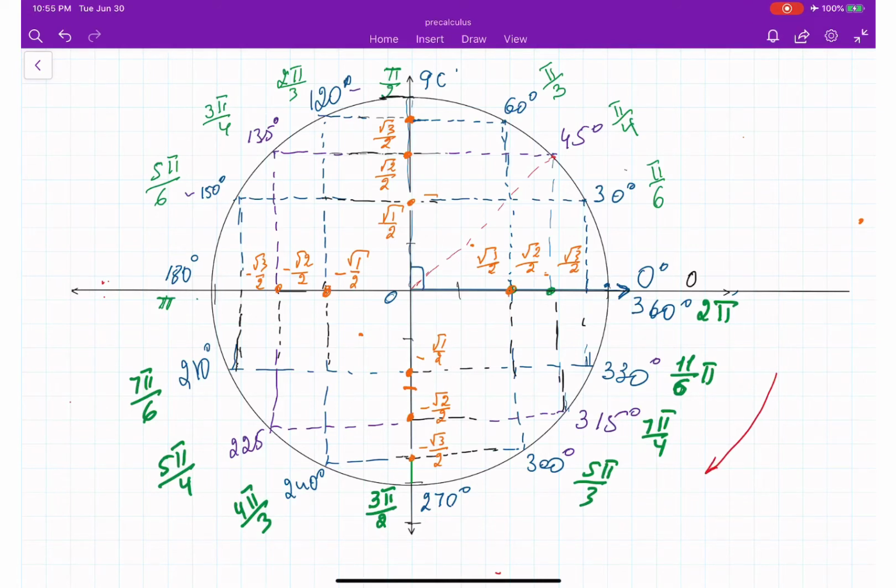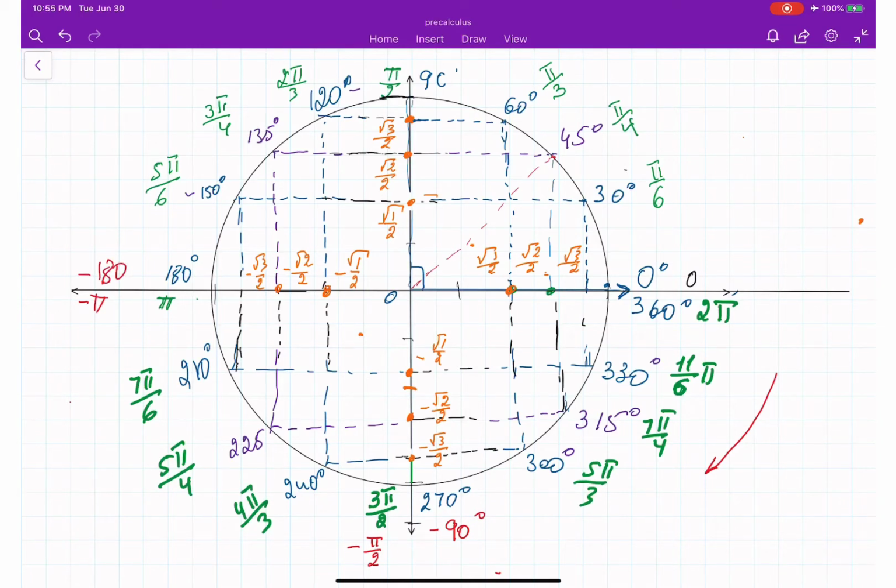I'm not going to rewrite the whole negative angle. Here it's negative 90 degrees, or negative pi/2. Here will be negative pi, negative 180 degrees, and so on.